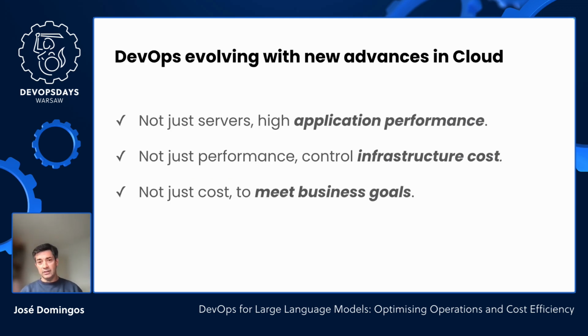So let's look at first at the wider DevOps context. The wider DevOps context is that really DevOps now has evolved into really the ability to meet business goals. And what I mean by that is that DevOps has become more and more an activity that's fundamental to achieving the business goals of an organization.